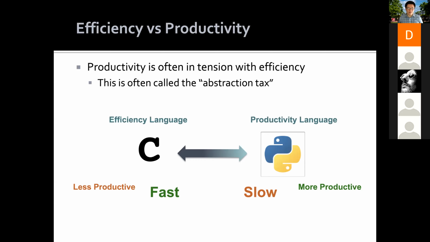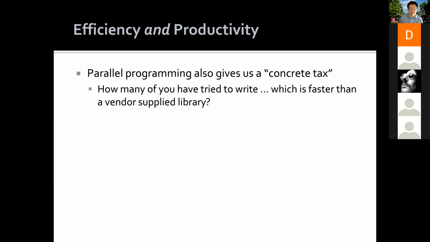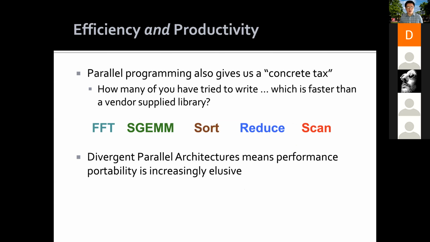So the library's idea is you want to trade off the efficiency and the productivity, right? Because you want people to use abstract syntax, but you need to implement something at low level for high efficiency, right? And we have a lot of GPU accelerated libraries, for example, FFT, sorting, reduction, scan, and matrix multiplication.